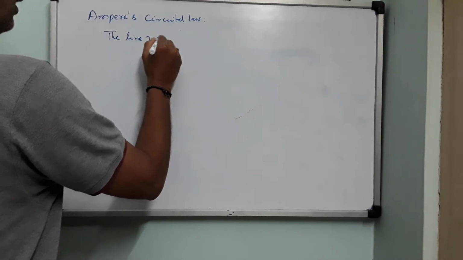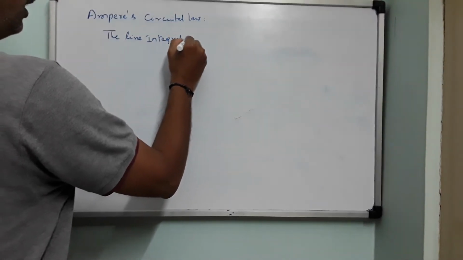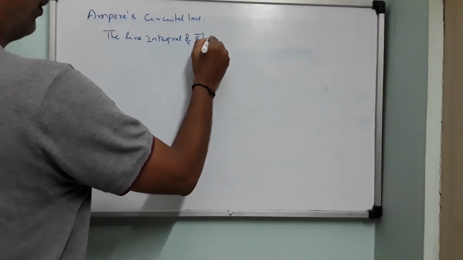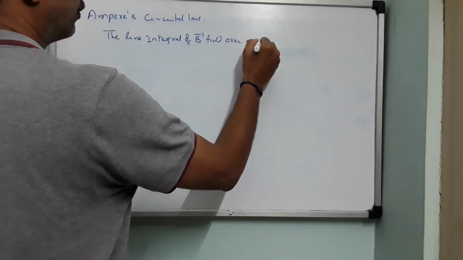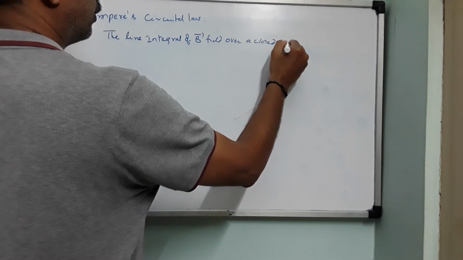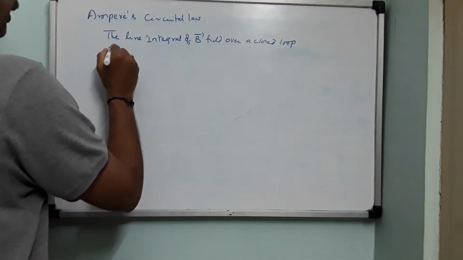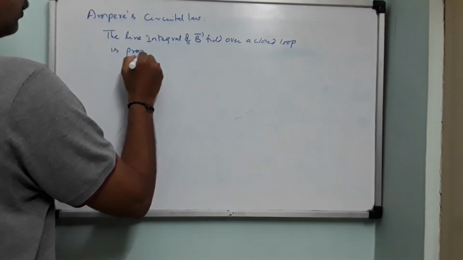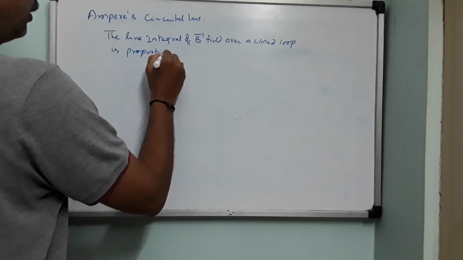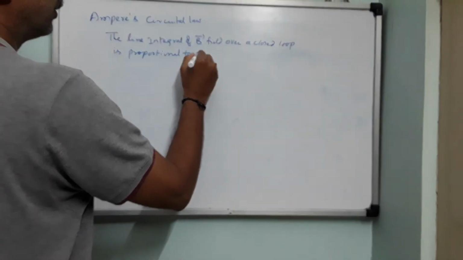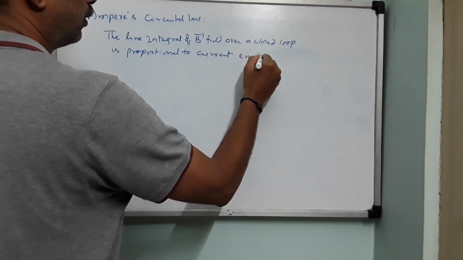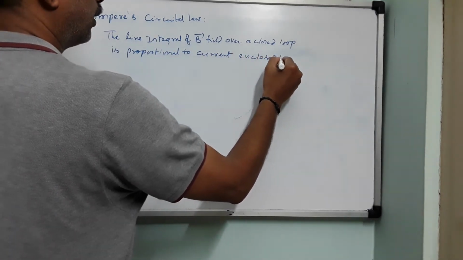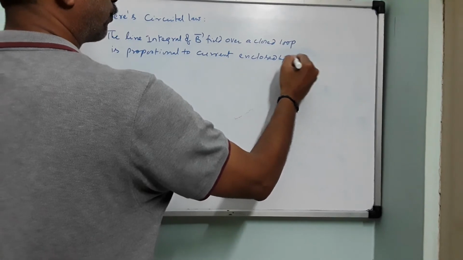The line integral of magnetic field over a closed loop is proportional to the current enclosed by that loop.